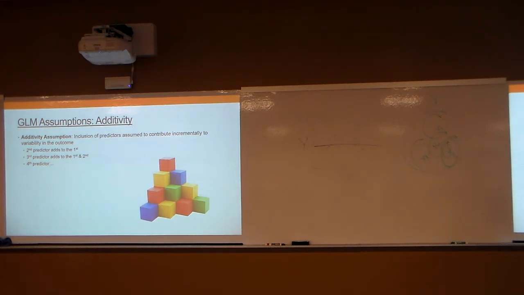Now, in actual fact, particularly with a lot of psychological stuff, everything's related to everything, so it's not reasonable to expect all of your predictors to be uncorrelated with one another. But we certainly don't want our predictor variables to be correlated 0.7 or 0.8 with one another, because then there's too much redundancy. We get into problems with multicollinearity, inflating our standard errors, and a bunch of other stuff.